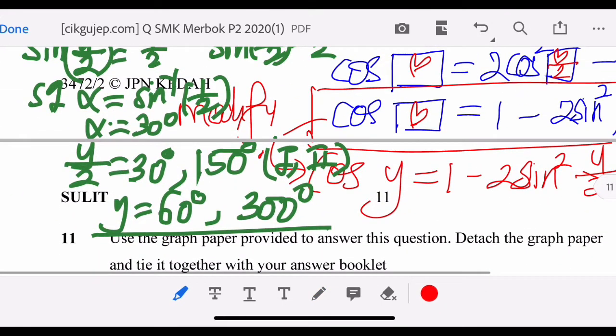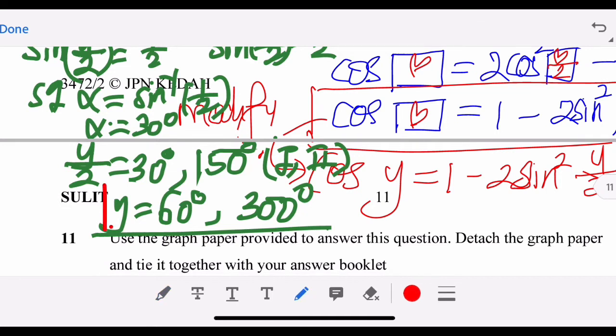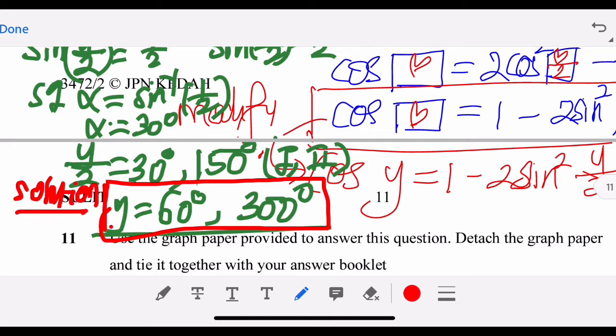In fact, if you try to solve, you get undefined. You won't get any answer from the calculator. Alright, so the final answer for the angle y are 60 degrees and 300 degrees. These are the solutions for the trigo equation.